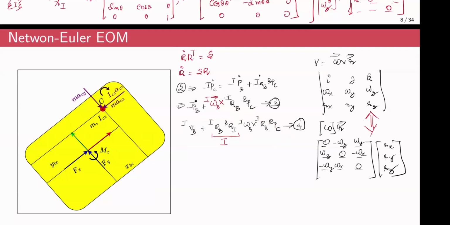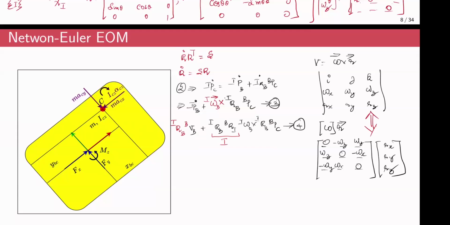So what I will do is take this IRB common from all of these terms. Because I can also write this term as the velocity of frame B with respect to B, and I pre-multiply this with the rotation matrix IRB, because these are essentially equivalent.